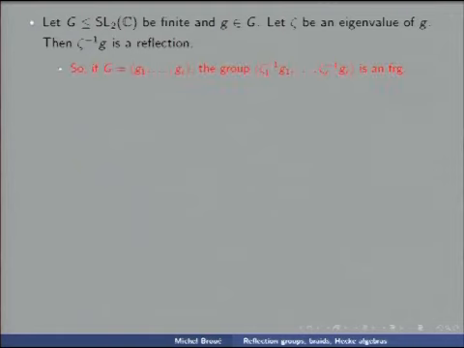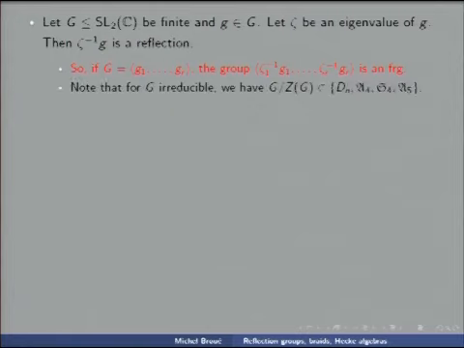Then, of course, if G is generated by, say, g1, g2, gR, well, R is again unfortunate, because I'm not claiming that I want to take the same number of generators as the rank, which in any case is 2 in that case, so never mind. Then the group generated by (zeta_1 minus 1)g1, etc., (zeta_R minus 1)gR is a finite reflection group, of course. Well, I'll let you think.